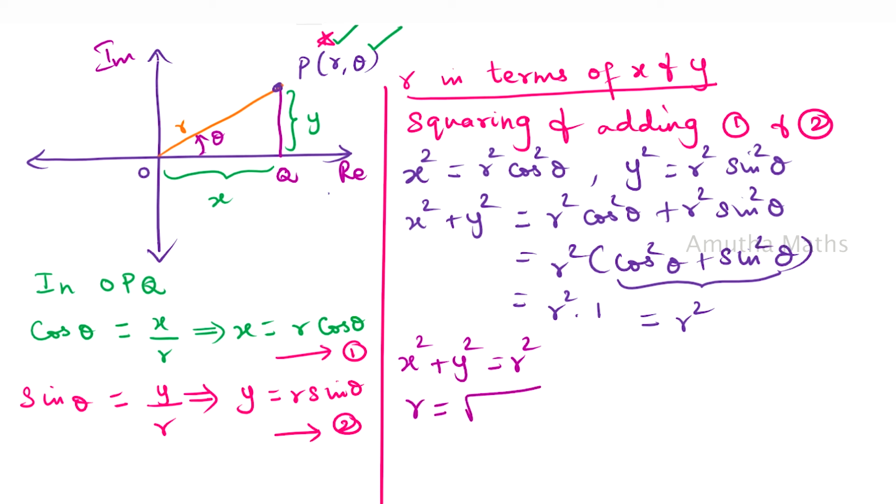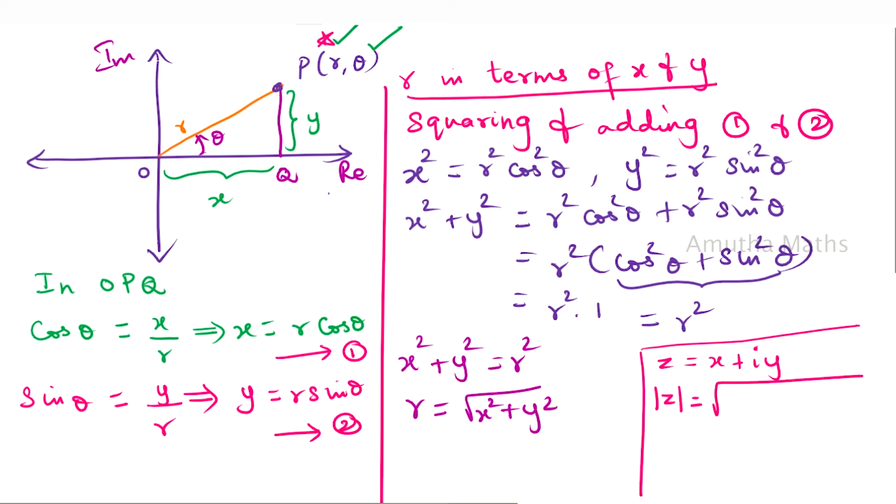Now r is equal to root of x square plus y square. Now listen carefully, we have already studied that if z is equal to x plus iy, what is modulus of z? மாடுலஸ் ஆஃப் z ஏற்கனவே நம்ம படிச்சிருக்கோம். எப்படி கண்டுபிடிக்கணும்? Mod அப்படினாலே root of real part square plus imaginary part square, that is real part of z the whole square plus imaginary part of z the whole square.